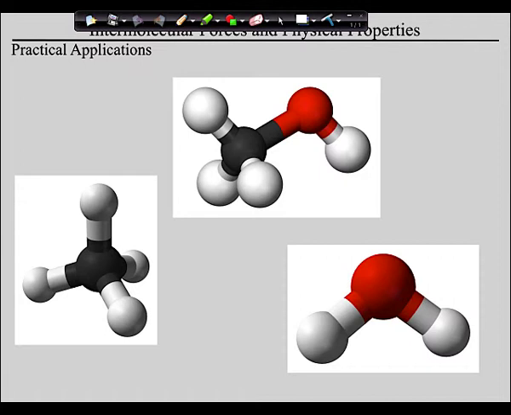So when you draw CH3OH, draw the bond between the carbon and the hydrogen around oxygen bent, because it's bent. There are 4 domains on that oxygen and only 2 of them are bonding, so that would be bent.